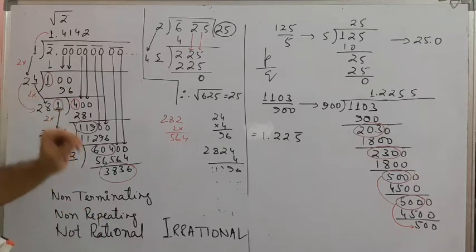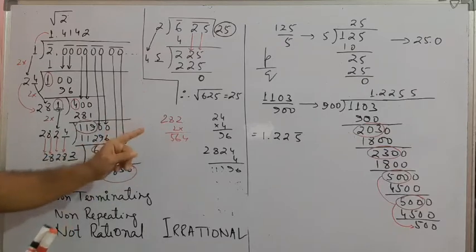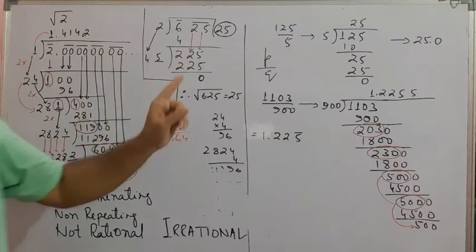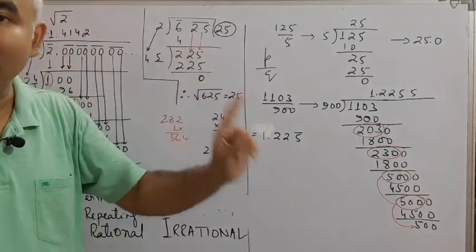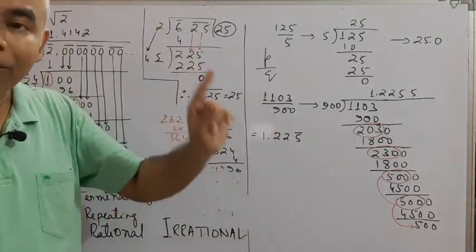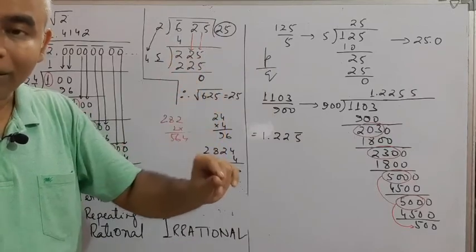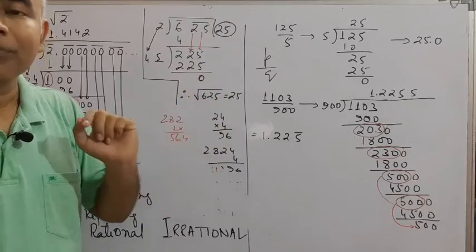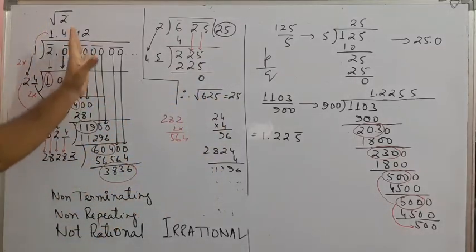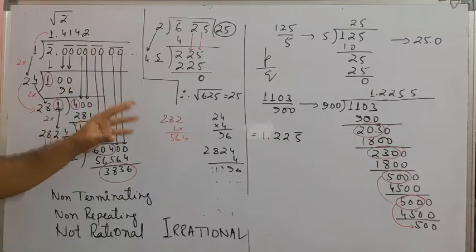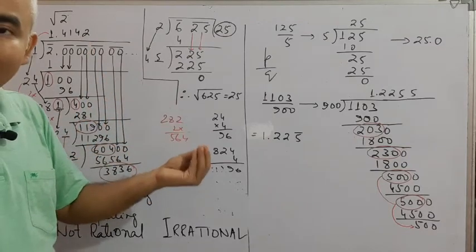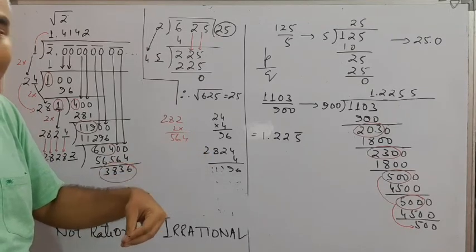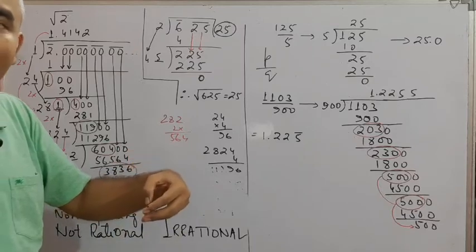That means when you try to write the decimal form of the number by the division process, your division will never come to an end, that means you will never get 0 as remainder, and you will not get the same number as remainder. When you do the division process of a number and try to write the decimal form, you see that you never get 0 as remainder, so it is not terminating, and you do not see the same number repeat.